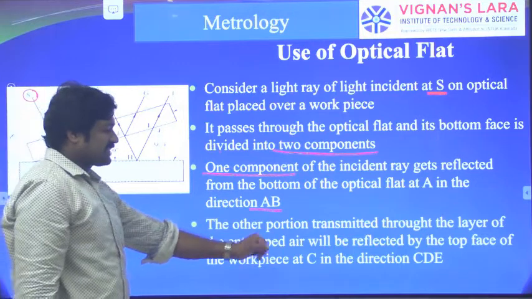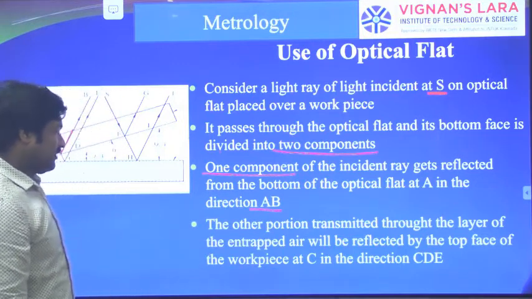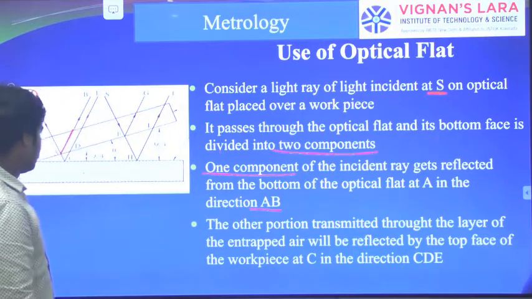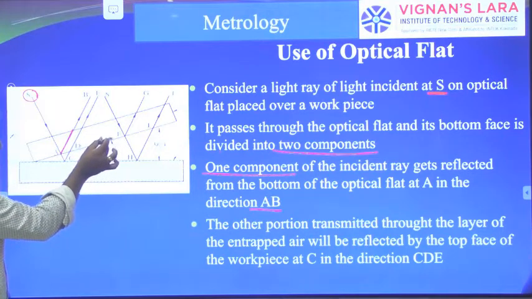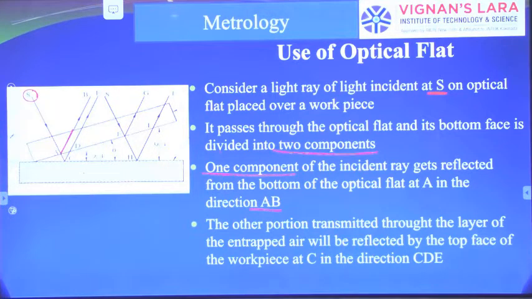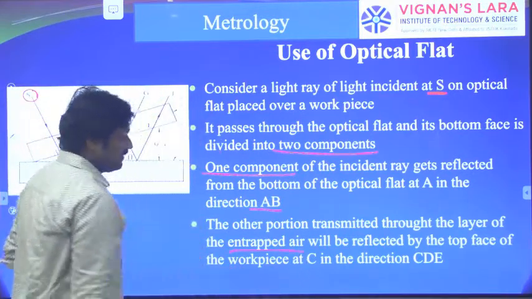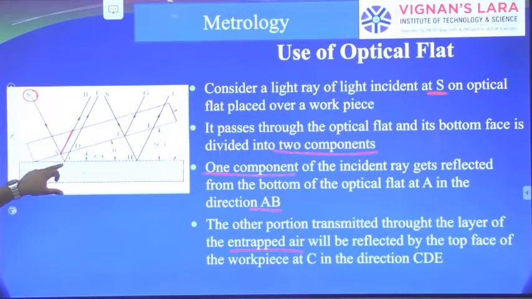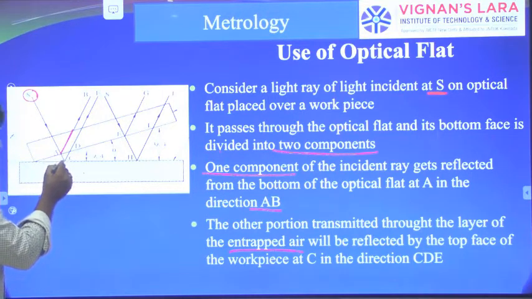Next, the other portion is transmitted through the layer of entrapped air. As we discussed earlier, there will be an air gap, so due to the air wedge there will be some inclination. So the light ray passing through the entrapped air will be reflected by the top surface of the workpiece at C.